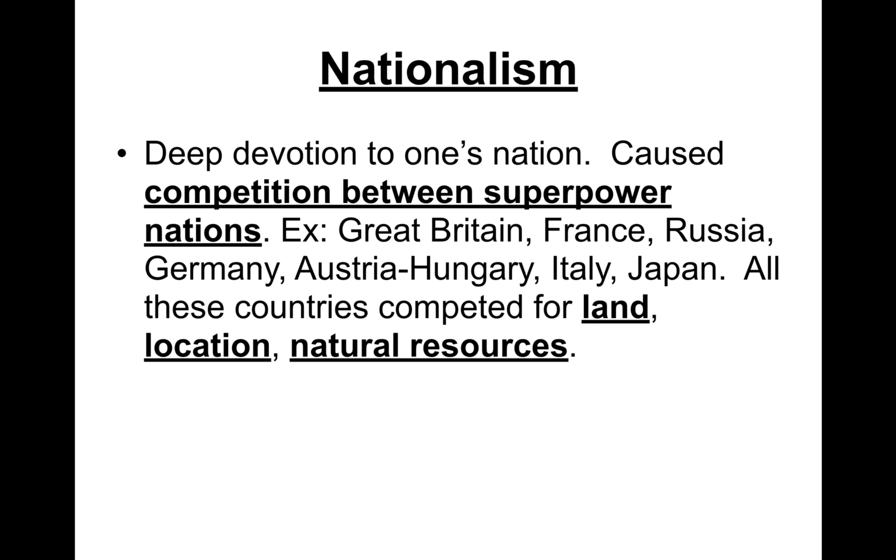And that's what nationalism is all about, to be the strongest, to be the best. Examples of European countries doing this, of course, are Great Britain, France, Russia, Germany, Austria-Hungary, Italy, and Japan. All of these countries are competing for land, good locations for trade and business, and of course, natural resources. You need certain natural resources.